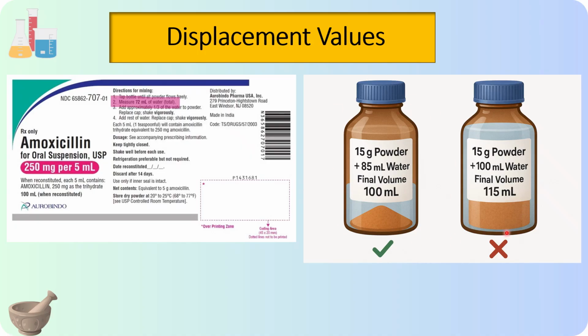So there are two different strengths. In the first, we consider the volume displaced by the powder to get the accurate concentration. In the second case, we will get a diluted suspension because we have the same 15 gram dissolved in a larger volume, which is 115.